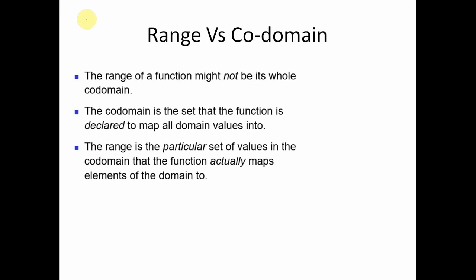Let's write the function f. It is a function from the set A to set B, and we know that the set A is called the domain. This is called the codomain. And we have also shown f of a is equal to b, and the set of all the images is called the range.